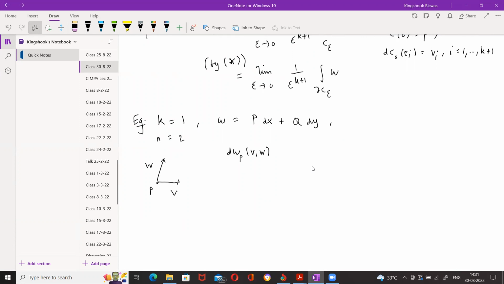Well, what I'll have to do is take a limit as epsilon tends to 0 of 1 over epsilon squared times the integral over the boundary of C epsilon of omega, right?